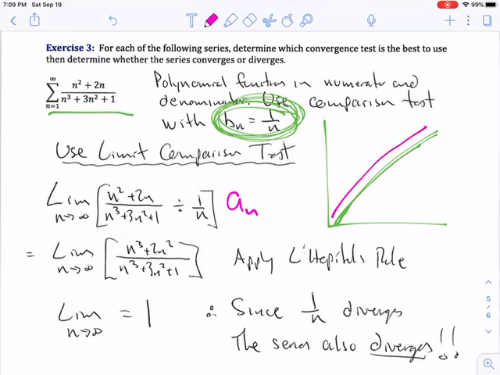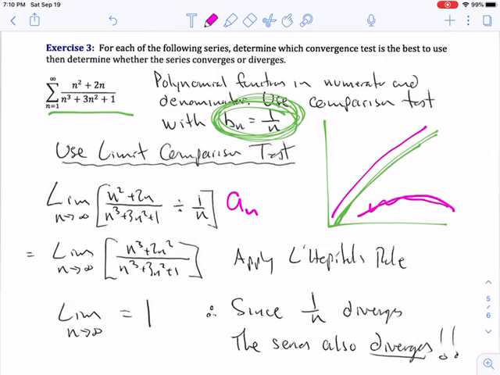If the green line is going up further and further, and it's diverging, then a sub n has to be above that all the time, and so it would also be diverging. If it was below it, then as the green one goes up, we don't know what a sub n is doing down here.